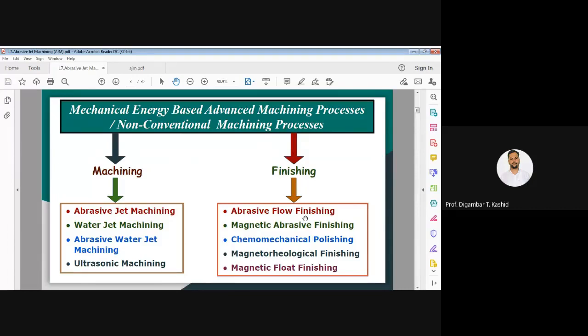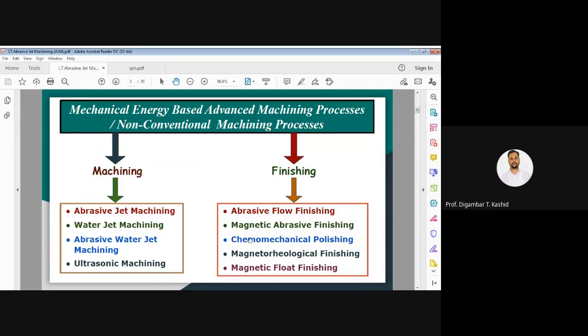First you can see one is abrasive flow finishing, also known as abrasive flow machining, AFM. Second is magnetic abrasive finishing. Then we have chemo-mechanical polishing, which also comes under finishing processes. Then the magnetorheological finishing process, and at last the magnetic flow finishing.